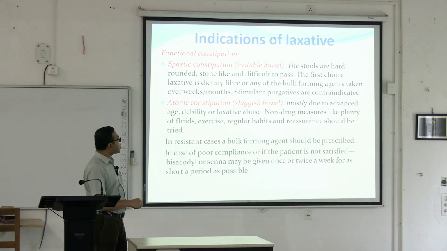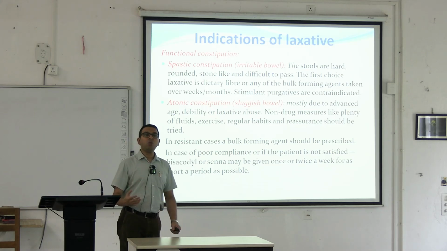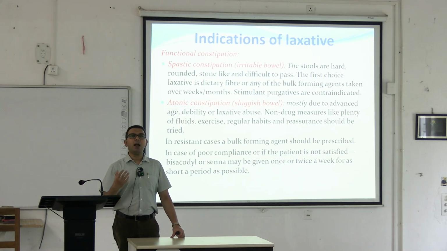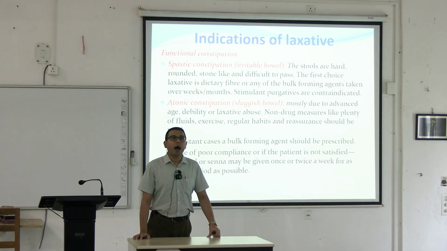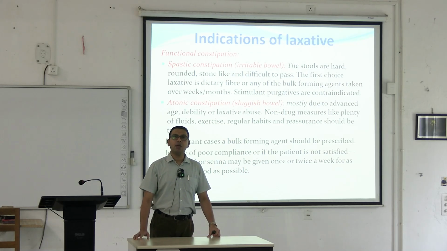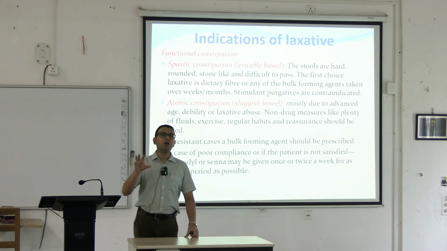Non-drug measures like plenty of fluids, exercise, regular habits and reassurance should be tried. In many cases we need some psychotherapy, such as cognitive behavioral therapy. In some cases biofeedback therapy is to be given to those patients who are suffering from constipation.